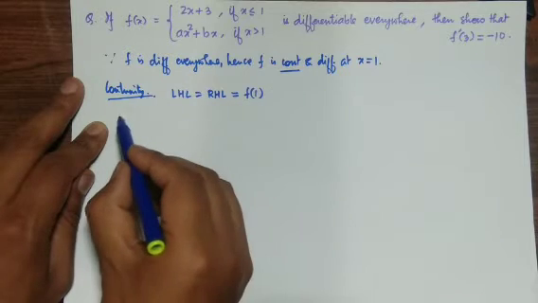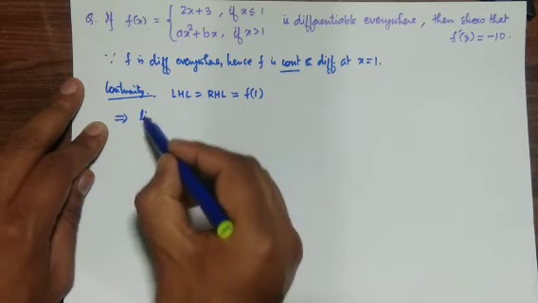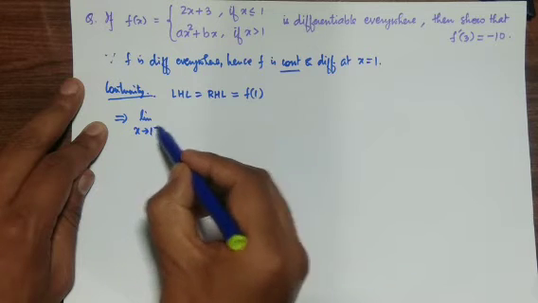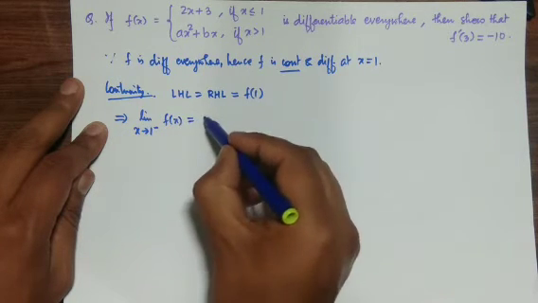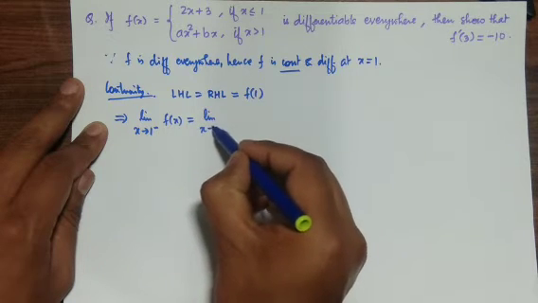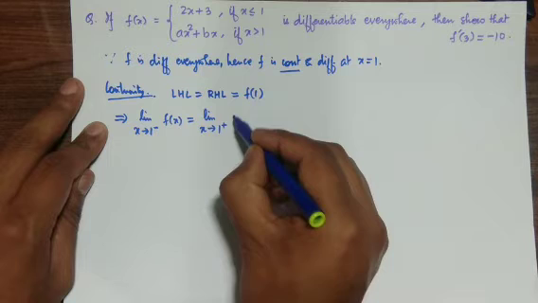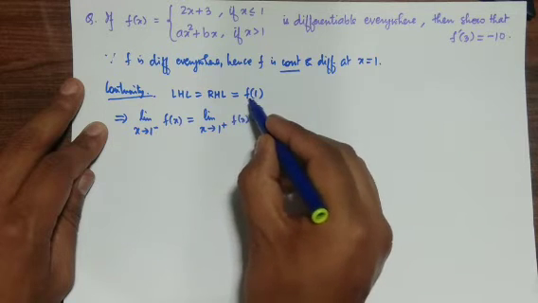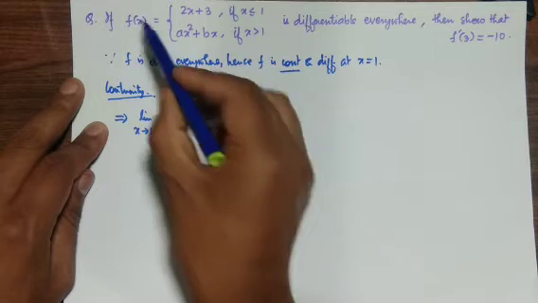So let us see what is the meaning of this. We have left hand limit, which is given by limit x tends to 1 minus f(x), and right hand limit means limit x tends to 1 plus f(x), and f of 1 means when x equals 1, what is the value of the function?